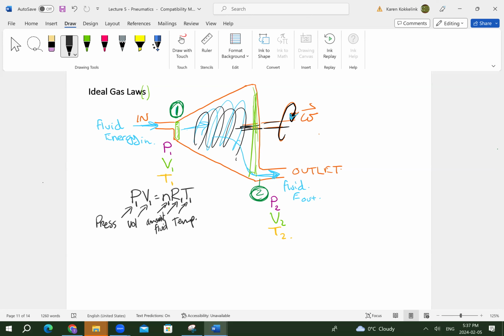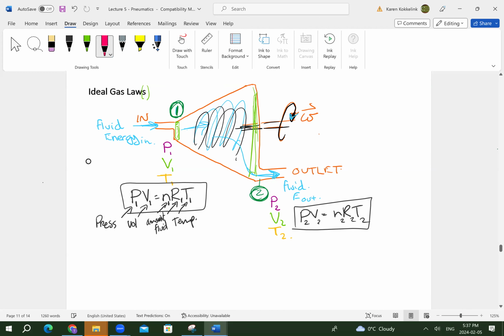And over here, same holds true. PV equals nRT. And we can go elsewhere to find the derivation of PV equals nRT, but we know that that's the relationship in, and that's the relationship out. But what is the same? Is pressure the same? Pressure at 1 is not the same as pressure at 2.